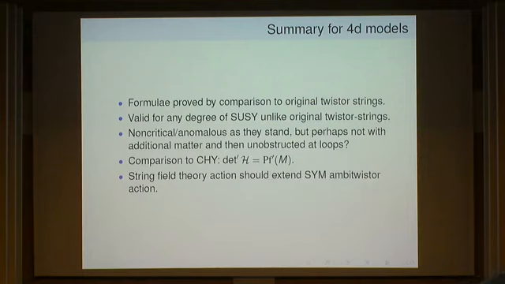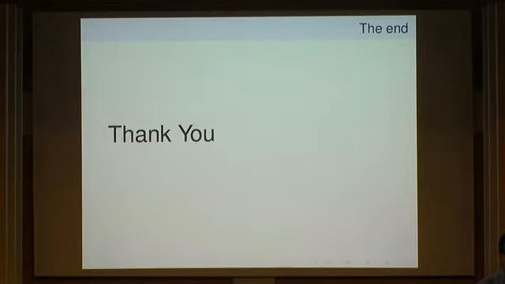I mean, so these are all things. Maybe one day all of these corners will be filled in. We'll know how to solve the Einstein equations on the nose in ambitwistor space, and there will be a nice ambitwistor action, which we can also understand as a string field theory action for this ambitwistor string, which allows us to understand that. I think people will say that's over optimistic. I'll stop there.